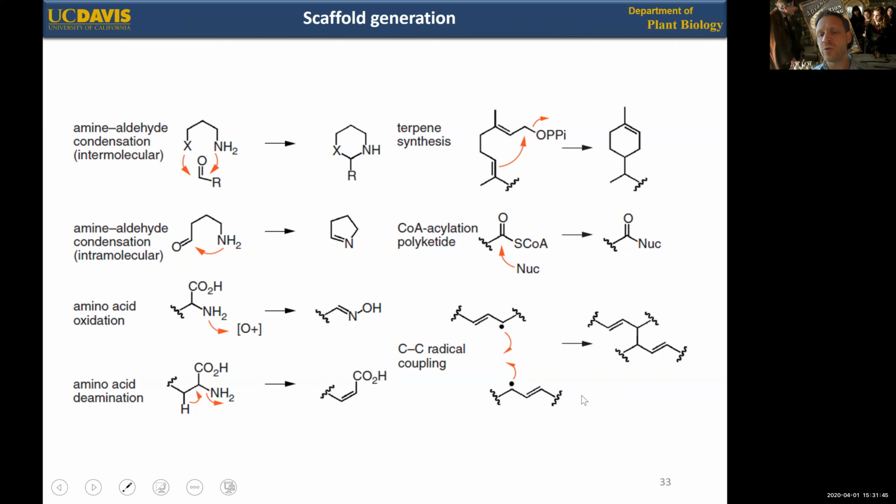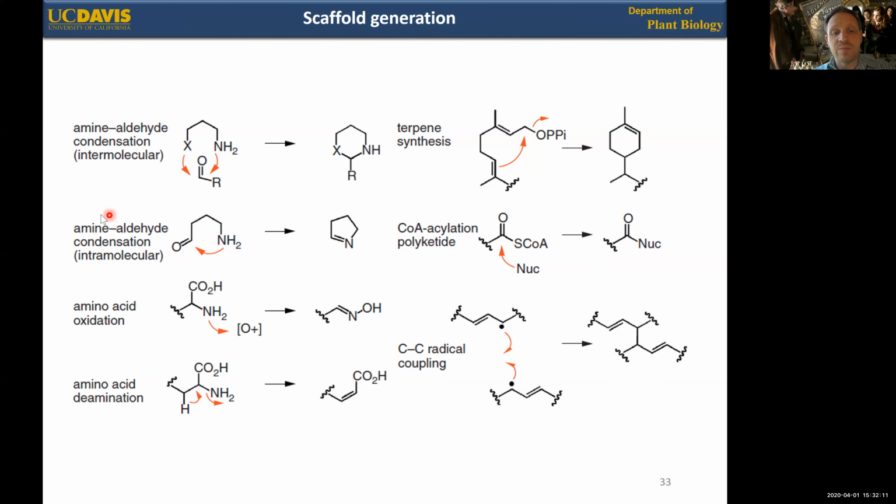We will probably not go into many of these specific enzyme mechanisms throughout the quarter unless you have a specific interest. But generally, to make these scaffolds, you're looking at, for example, amine-aldehyde condensation type reactions to generate nitrogen-containing cycles. Right? We find those, for example, in the alkaloids. Amine-aldehyde condensations can also happen intermolecularly.